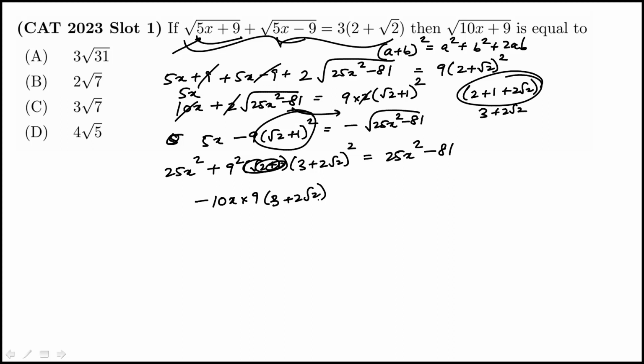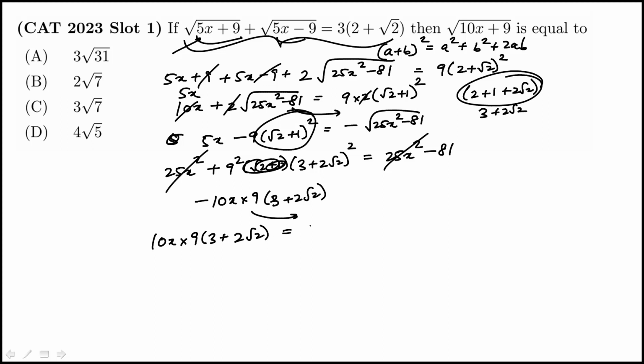So it's kind of getting messy. And then move this to the other side. 10x times 9. It's easy to make an algebra mistake here, and then that goes over.